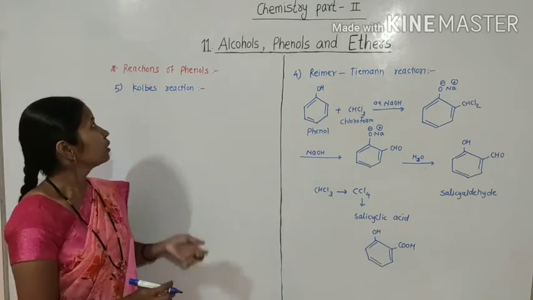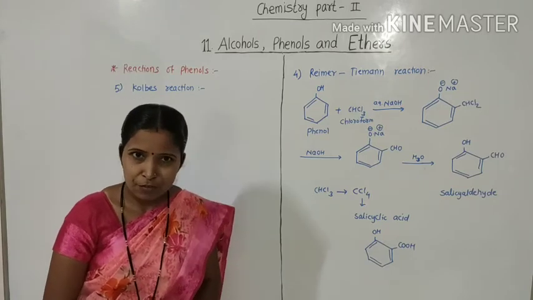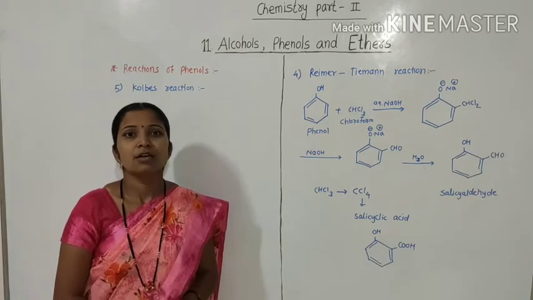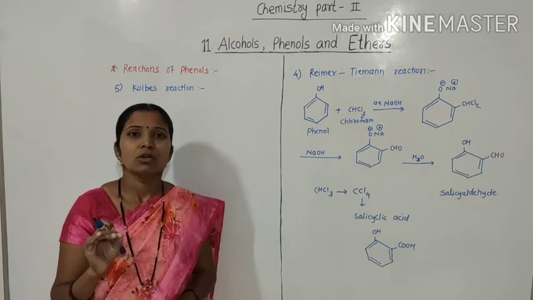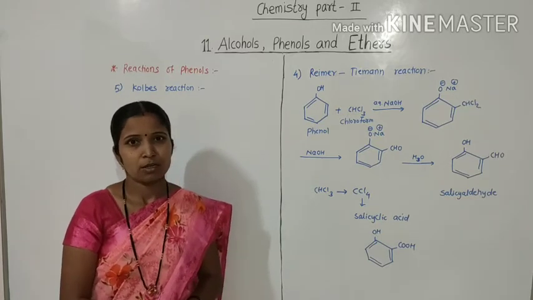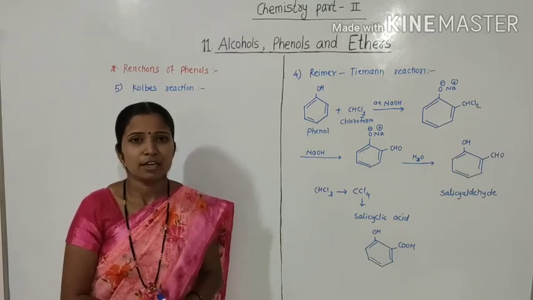Again I repeat, in Kolbe's reaction, sodium phenoxide is treated with carbon dioxide at 398 Kelvin and 6 atmospheres, and on acid hydrolysis forms salicylic acid.